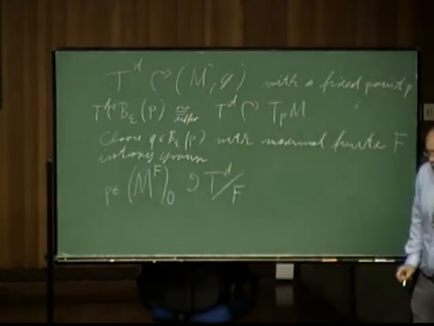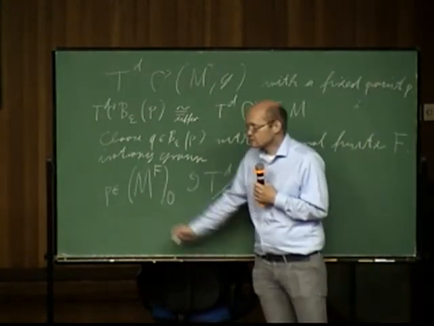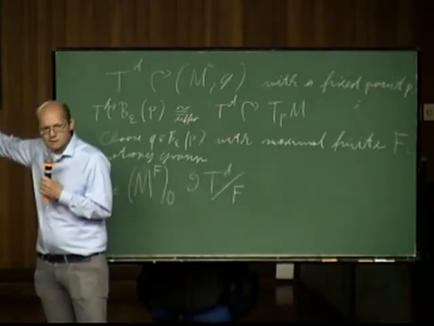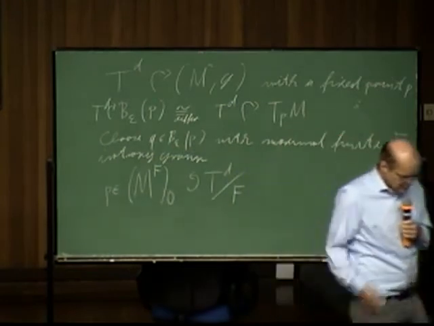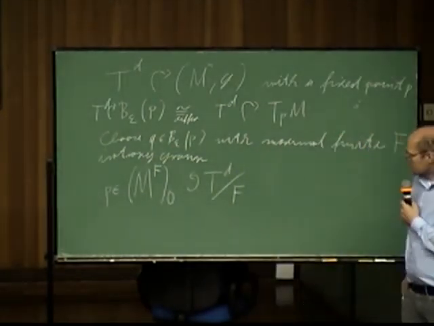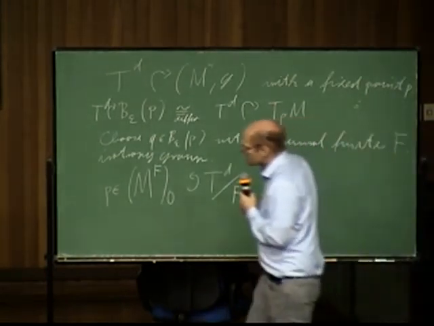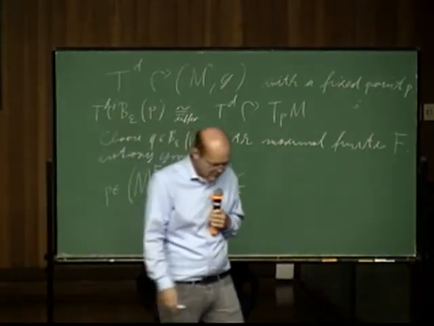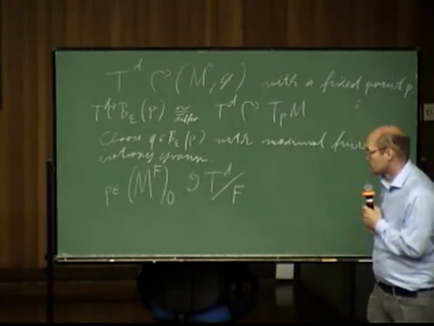So you will always see totally geodesic submanifolds such that the assumptions of theorem C are satisfied. And then these have to be rank 1 symmetric spaces, at least rationally.